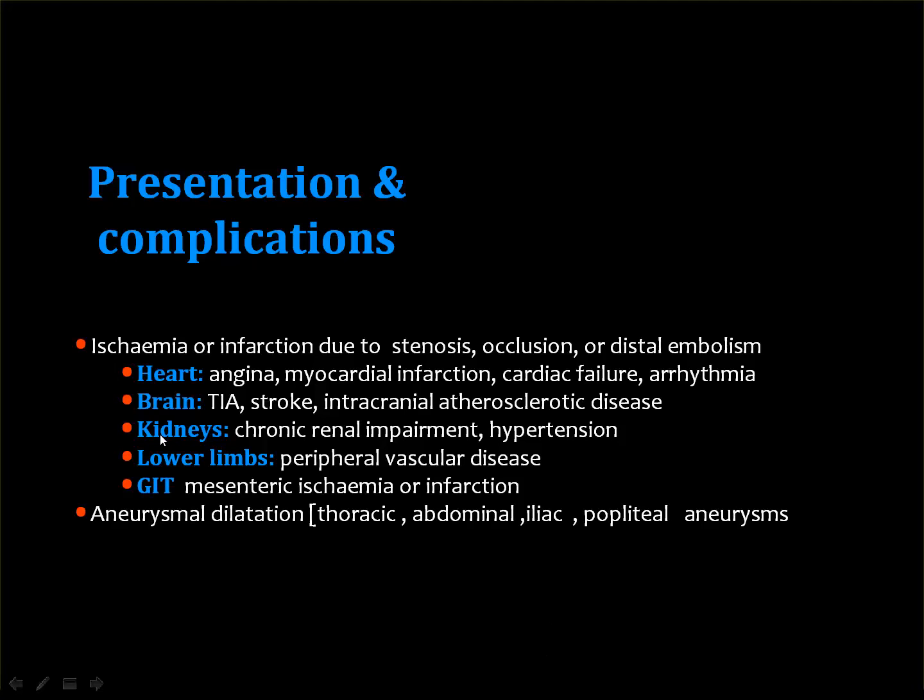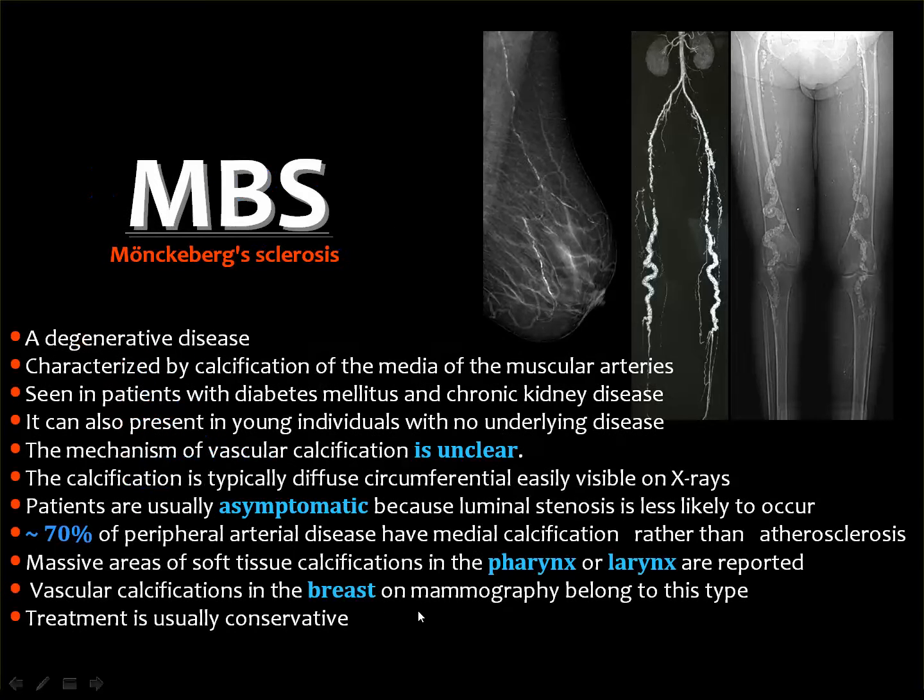In the kidney, you may get chronic renal impairment and hypertension. In the lower limb, you get peripheral vascular disease. In the GI, you get mesenteric ischemia or infarctions, together with aneurysmal formation in any of the affected vessels, leading to the formation of aortic aneurysm.